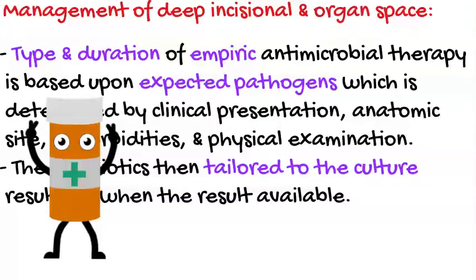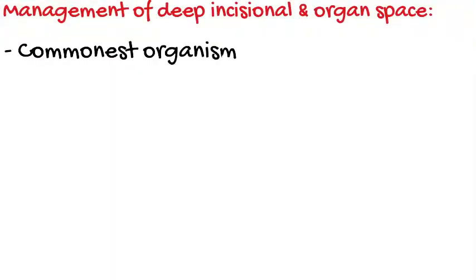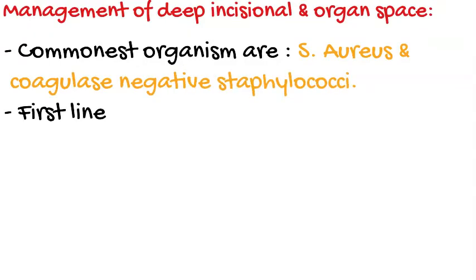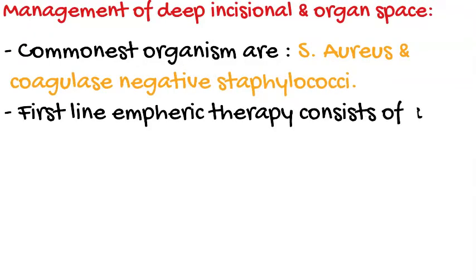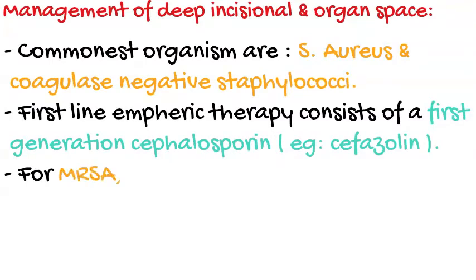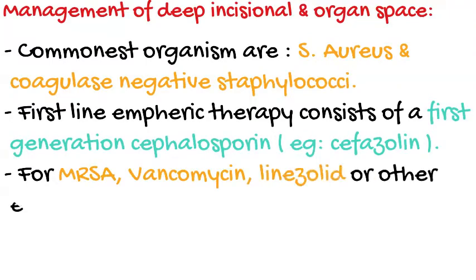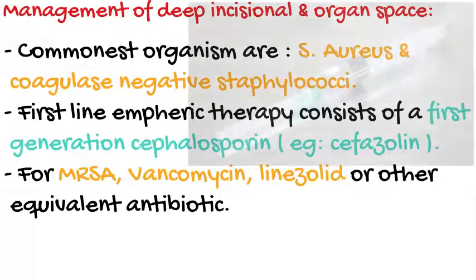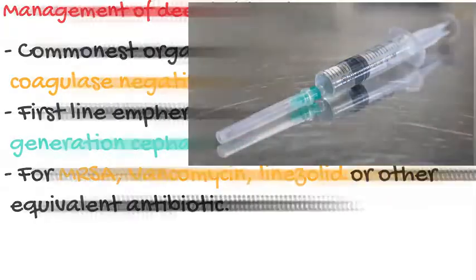So far, the commonest organisms are Staph aureus and coagulase-negative staphylococci. The first line of empiric therapy consists of a first-generation cephalosporin, for example cefazolin. For MRSA, methicillin-resistant Staph aureus, vancomycin and linezolid or other equivalent antibiotic is administered instead.